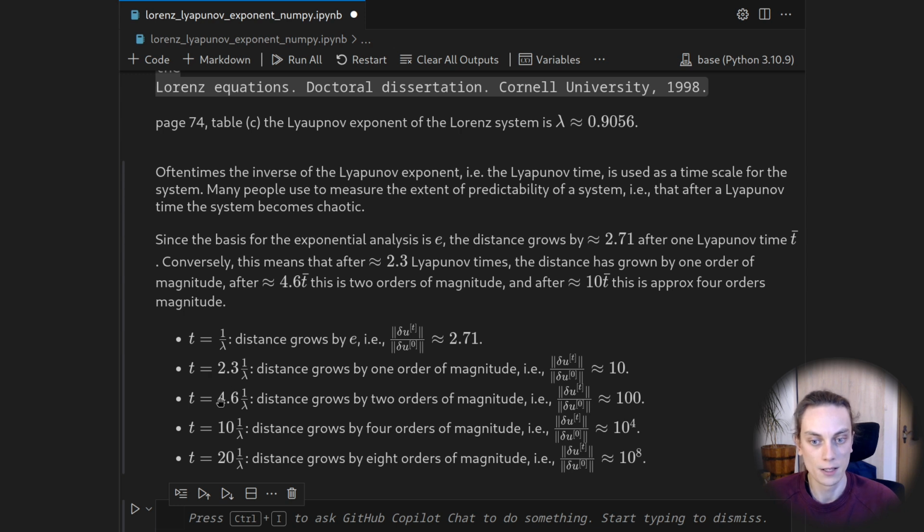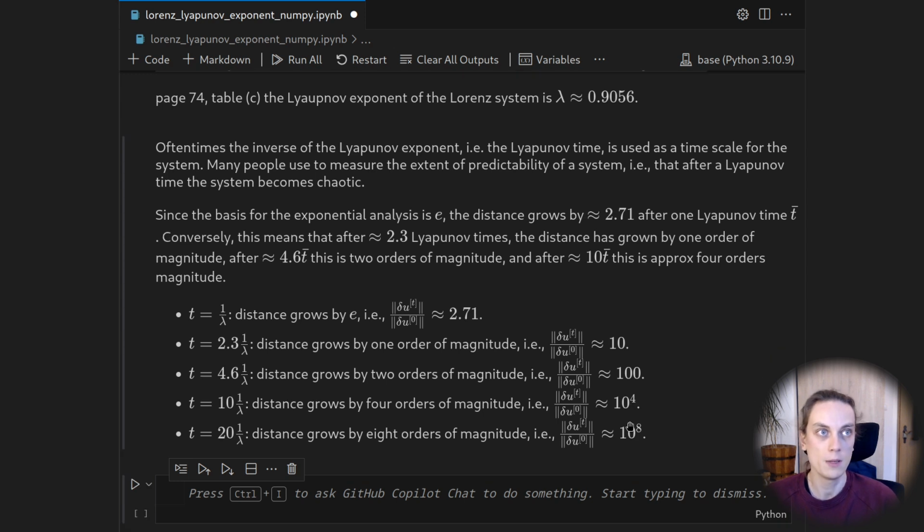And then you can basically double that. So if you have 4.6 Lyapunov times, you've grown by a factor of 100. And then if you spend 10 Lyapunov times, and this is a bit hand-wavy, but at least to give you a feeling, then you grew by 4 orders of magnitude.